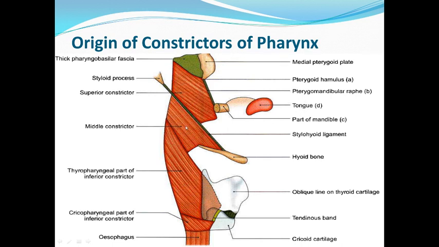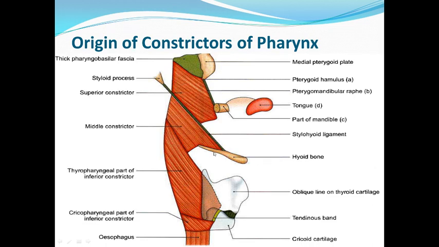Now talking about the origin of the middle constrictor, you can trace it in the figure. The middle constrictor takes origin from the lower part of the stylohyoid ligament. This is the stylohyoid ligament joining the styloid process on the base of the skull to the hyoid bone.